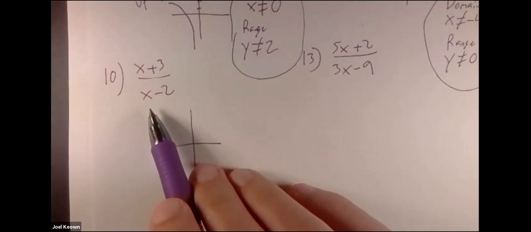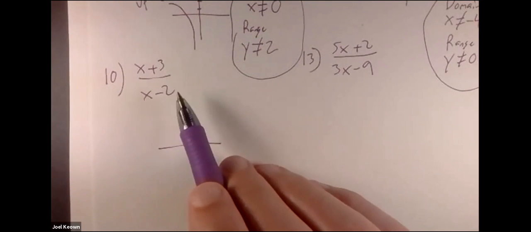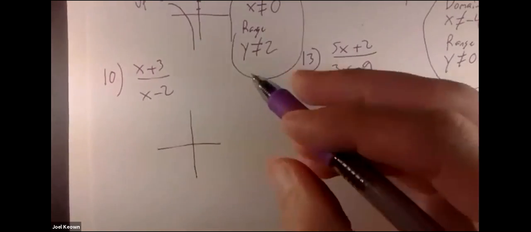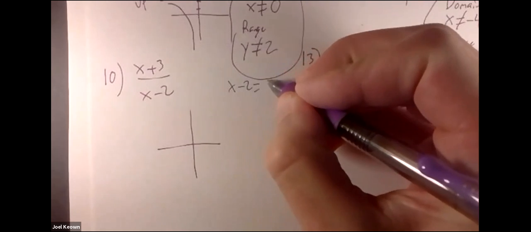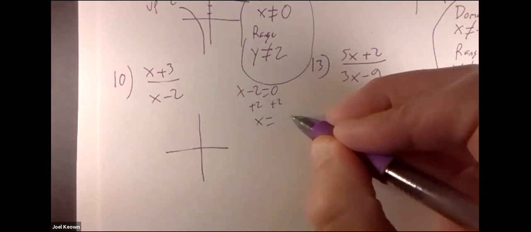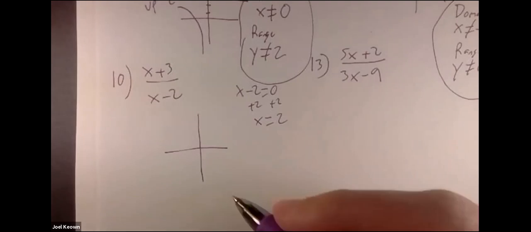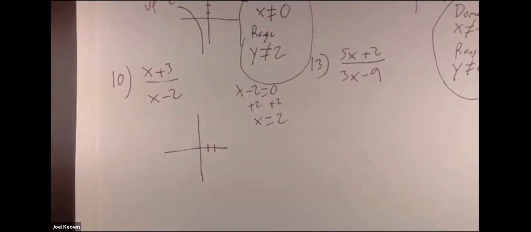Well, my vertical asymptote is wherever the denominator equals 0. Well, what minus 2 equals 0? I can write it out. x minus 2 equals 0. So let's add 2 to both sides, and I get x equals +2. That's where my vertical asymptote is.